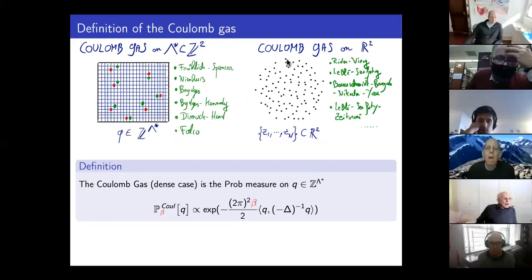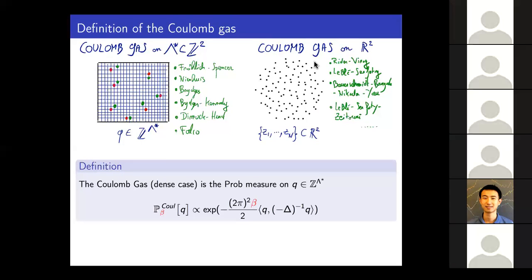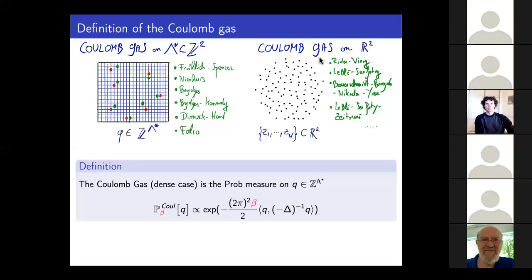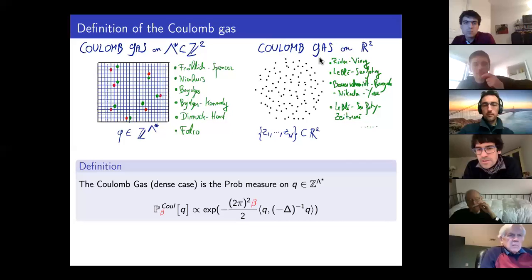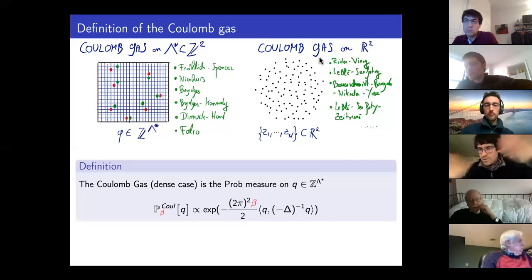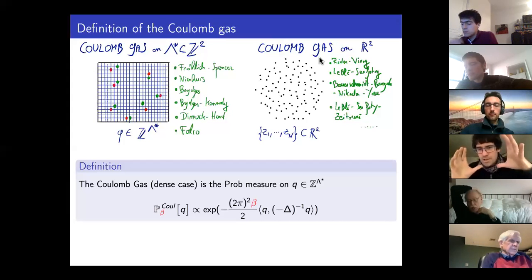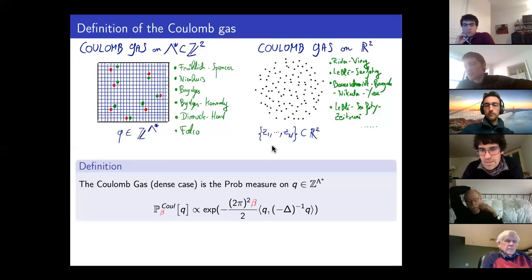This is a picture stolen from Bálint Virág, I think, in the case of beta equals 2. I will not go into details, but just think of random points in the plane that are confined to a disk in the plane because of a quadratic potential, and they repel each other with log interactions.